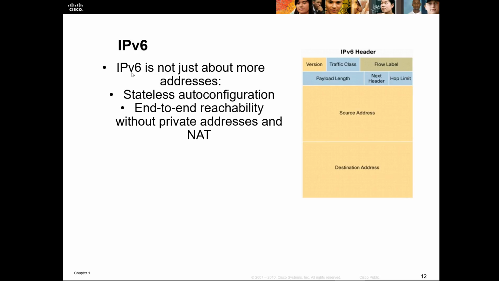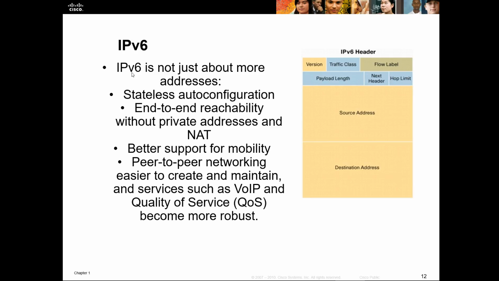End-to-end connectivity, meaning reachability without private addresses and without NAT, meaning a mobile device communicating globally without the need of masking our addresses. That also means security. It also means better support for mobility, and better peer-to-peer networking, because it will be easier to create and maintain networks and network services such as VoIP and QoS, because this is becoming more robust.